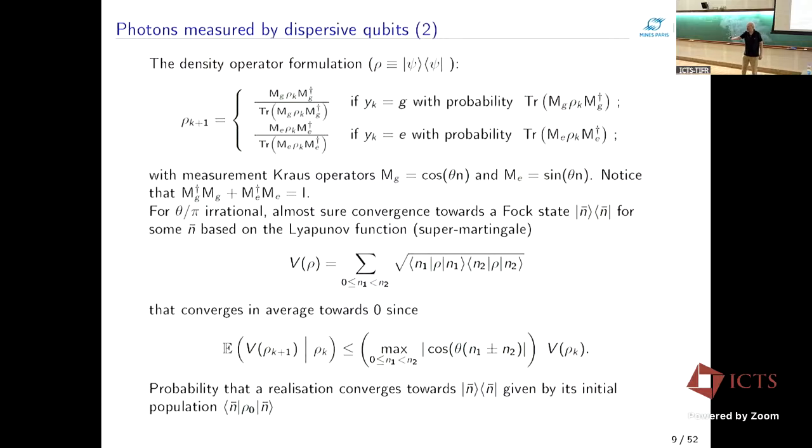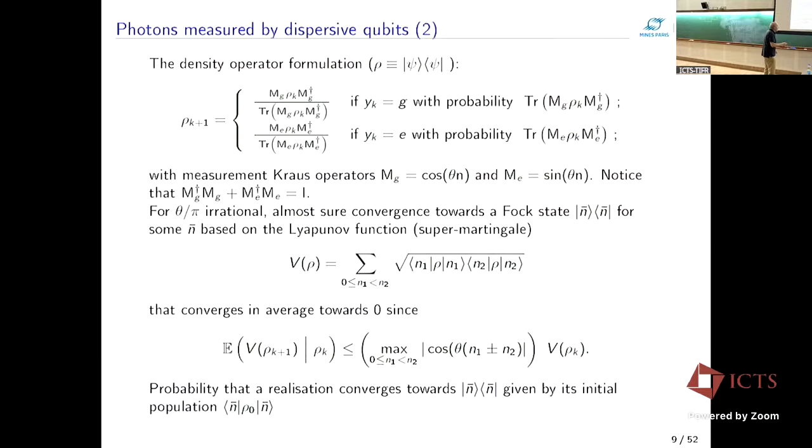You agree? But you have also to respect this rule. And if you mix both, corresponding to what is called in classical dynamical system theory the LaSalle invariance principle, the only possibility is a Fock state. Okay?